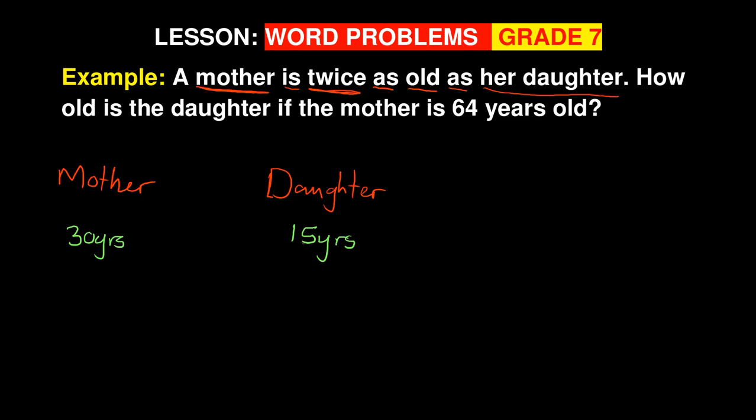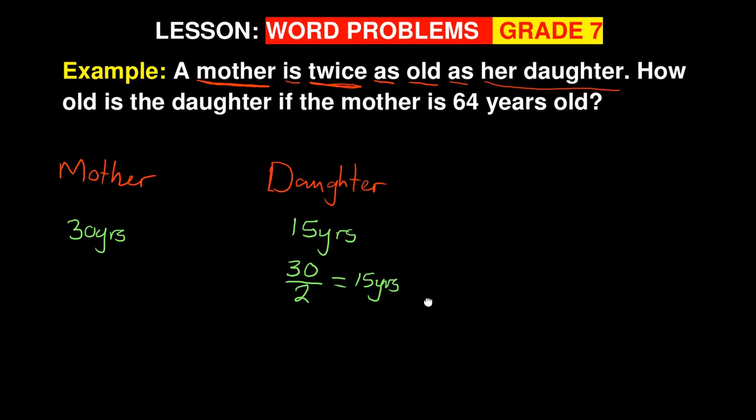How did I get 15 years? I said to find the daughter's age, it was 30 divided by 2, so that I got 15 years. So this is information that I use.